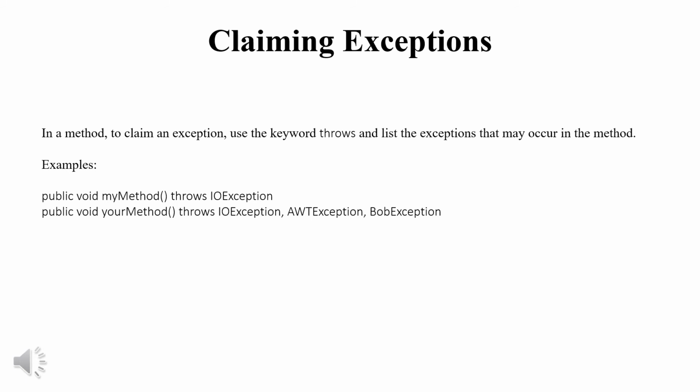So what you need to do is write public void yourMethod, and then use the keyword throws, and after that list the names of those exceptions: IOException, AWTException, and BobException. This last one is an exception that you have created. That's not a built-in exception. So that's how you can claim the exceptions for your methods.